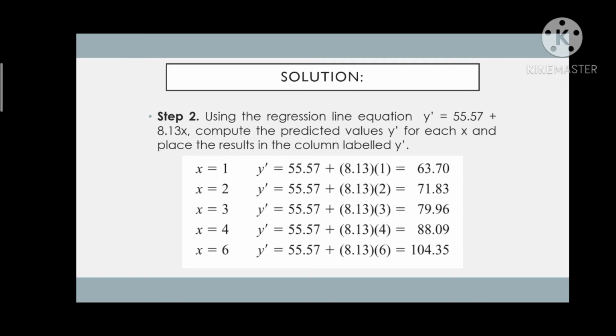For step 2, using the regression line equation, y prime is equal to 55.57 plus 8.13x, compute the predicted values y prime for each x and place the results in the column labeled y prime. For x is equal to 1, we have 55.57 plus 8.13 times 1 equals 63.70.